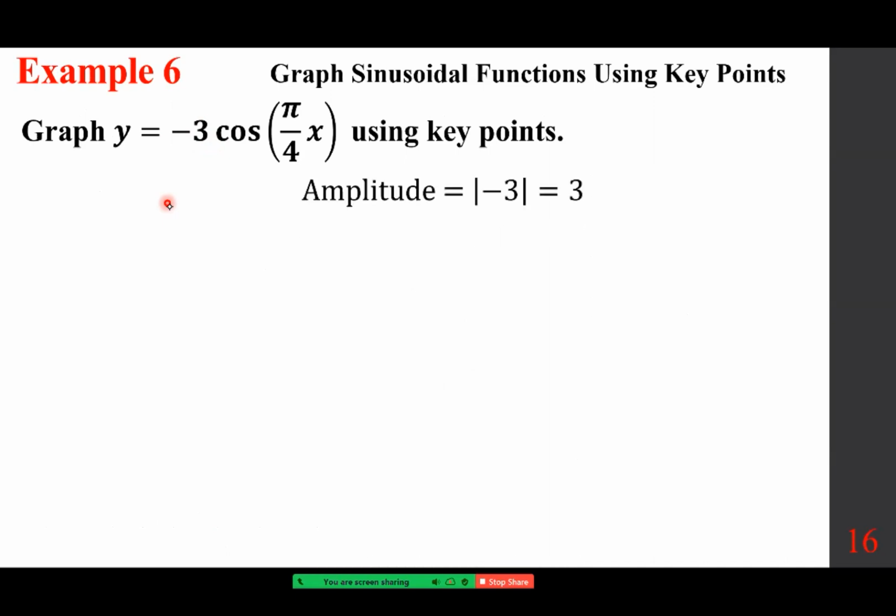Now with pi over 4, we divide 2 pi by pi over 4 to find the period.